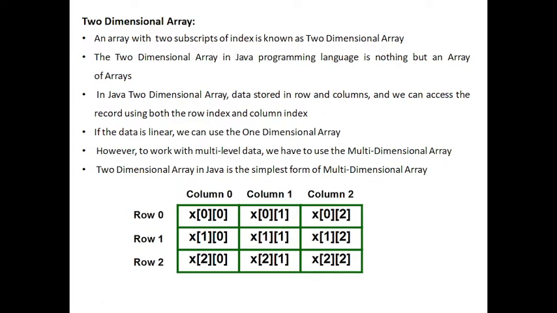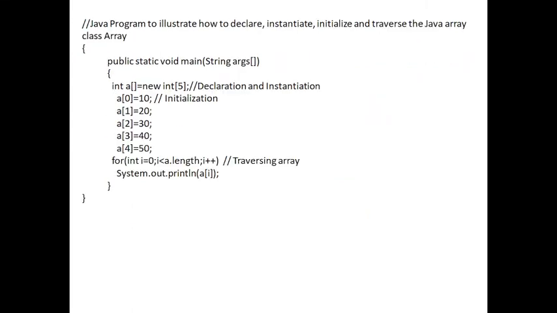If you observe the previous slides, here we have only one subscript. If there are two subscripts, then it is known as a two-dimensional array, right?